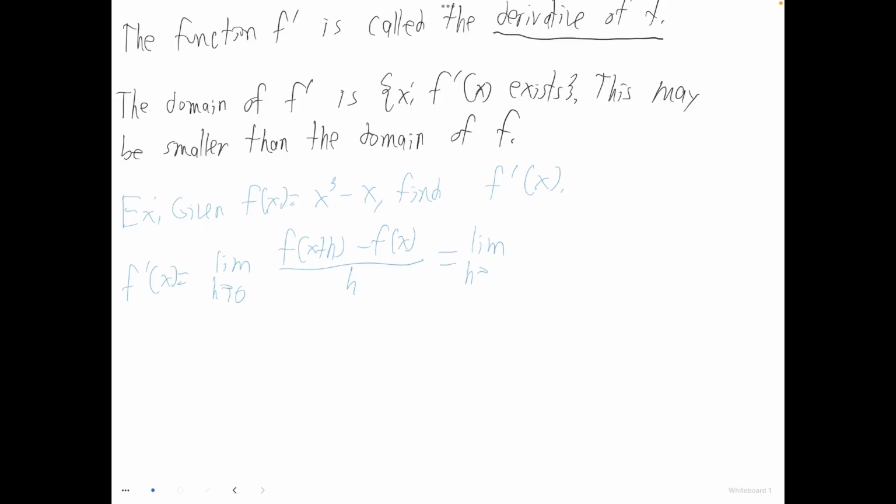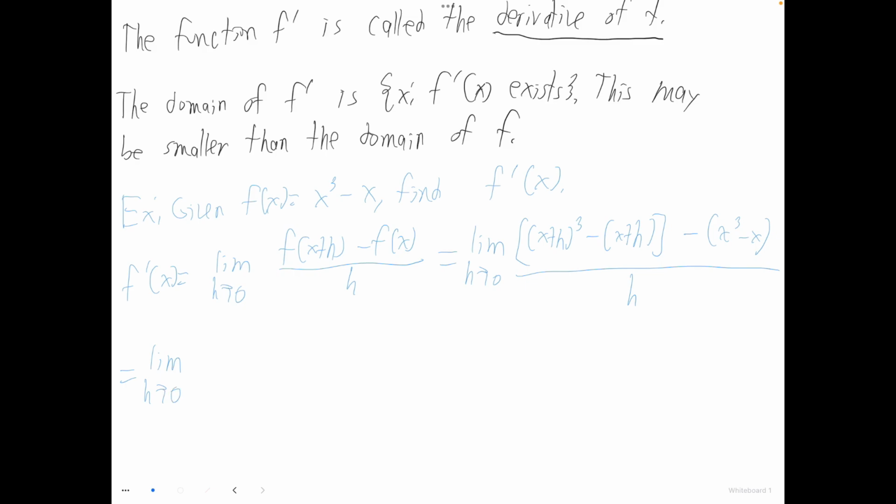So this is the limit as h goes to 0. f of x plus h would be x plus h cubed minus x plus h. And then we subtract off f of x, which is x cubed minus x. And then divide that all by h. So we're going to multiply the top out.